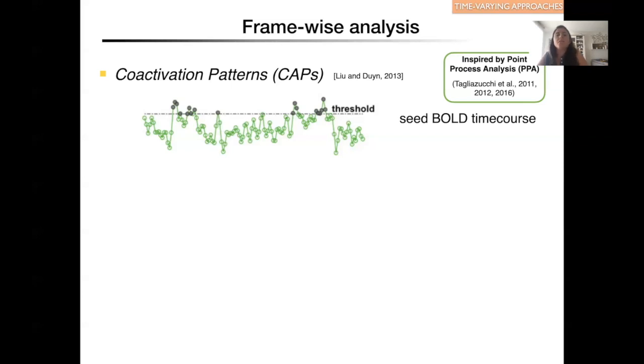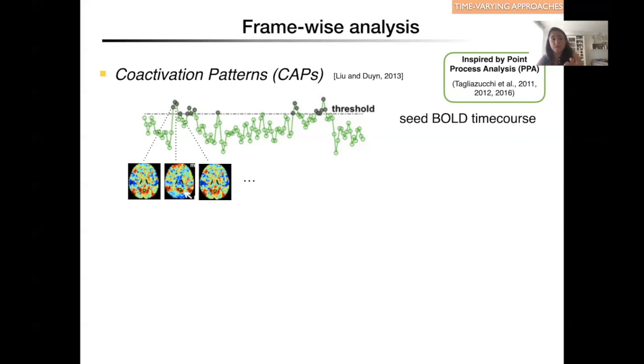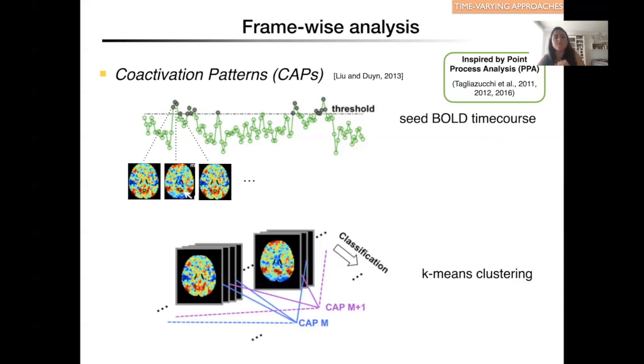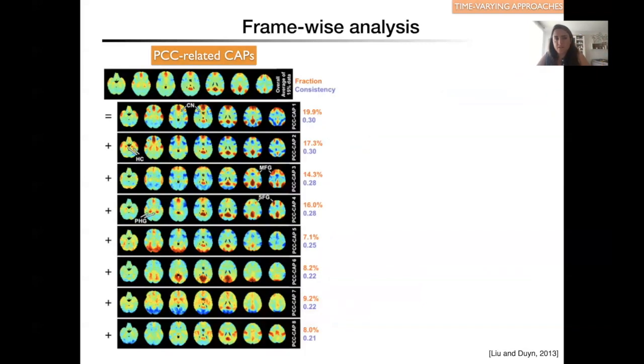So it's simply taking a threshold on a seed time course, selecting those time points for which that region is above the threshold, and then considering the fMRI BOLD frames at these time points, and clustering them, for example with k-means clustering in the original formulation of CAPs. So the cluster centroids would be the CAPs, the co-activation patterns: the patterns that mostly occur within the acquisition while the seed is active.